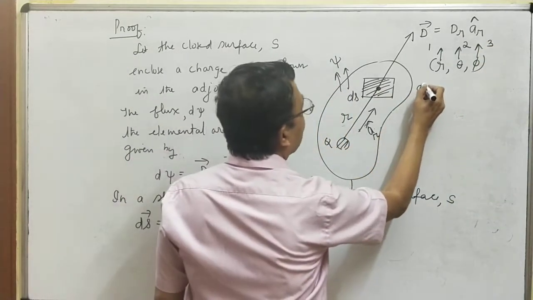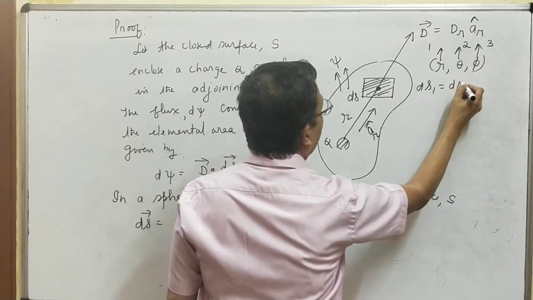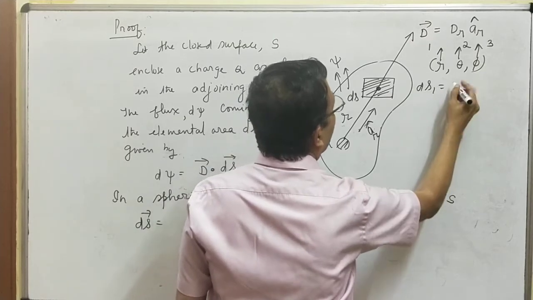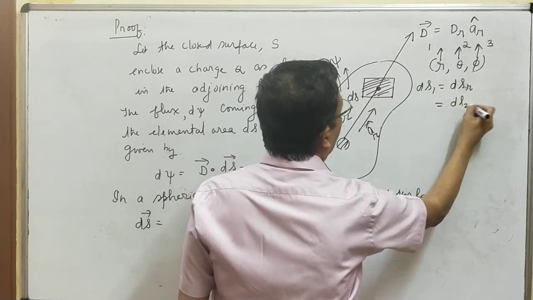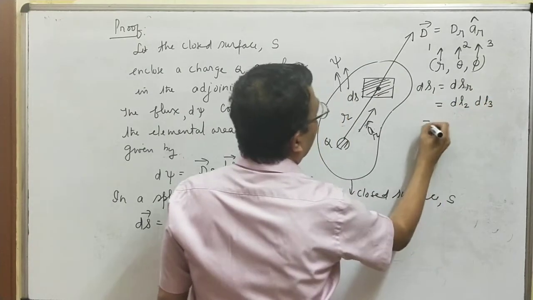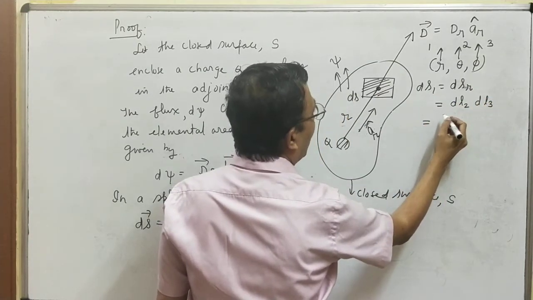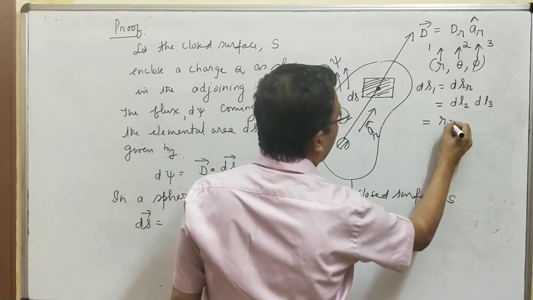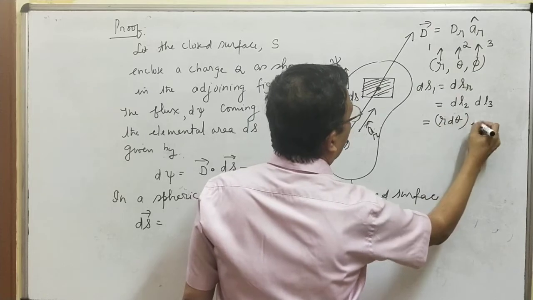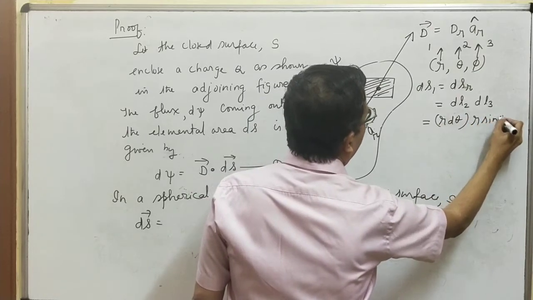What is ds1? ds1 is nothing but dsr. What is dsr? dl2 into dl3. What is dl2? dl2 is r into d theta. dl3 is r sin theta d phi.